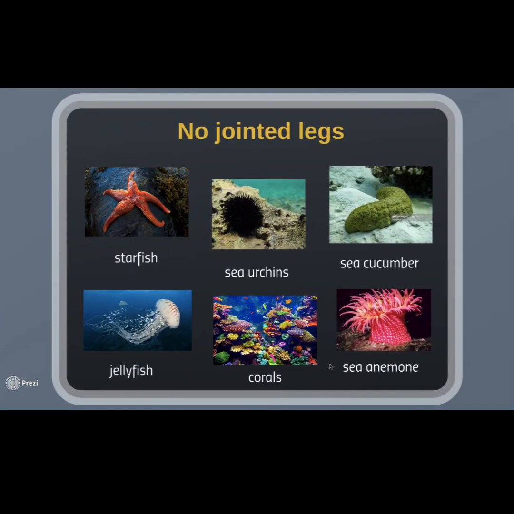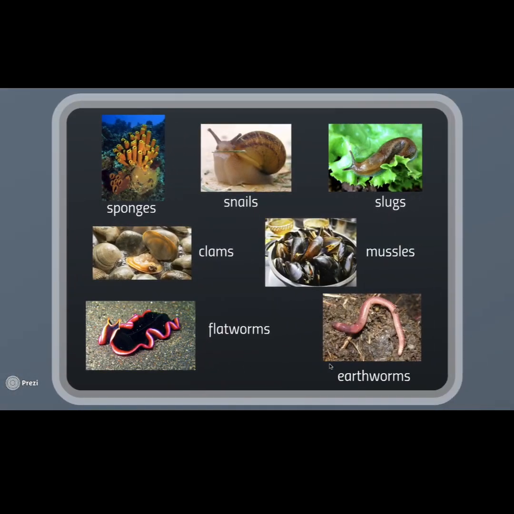Examples of invertebrates without jointed legs are starfish, sea urchins, sea cucumbers, jellyfish, corals, sea anemones, sponges, snails, slugs, clams, mussels, flatworms, and earthworms.